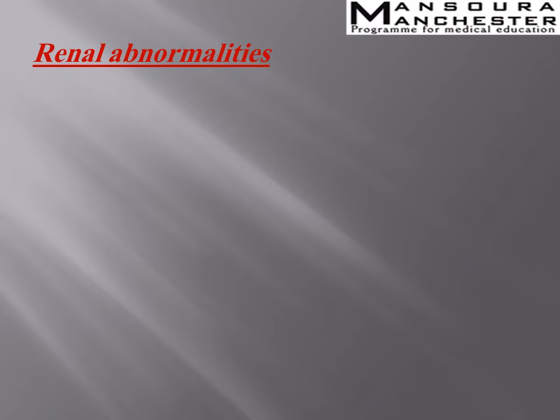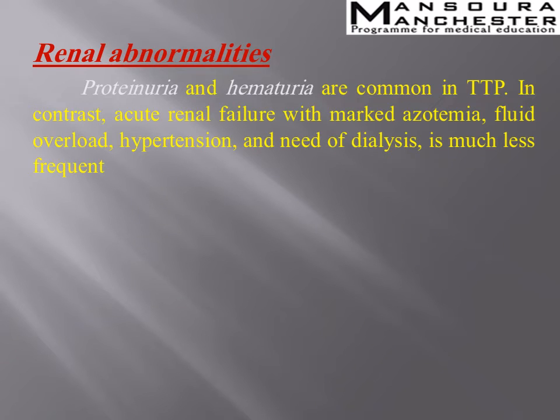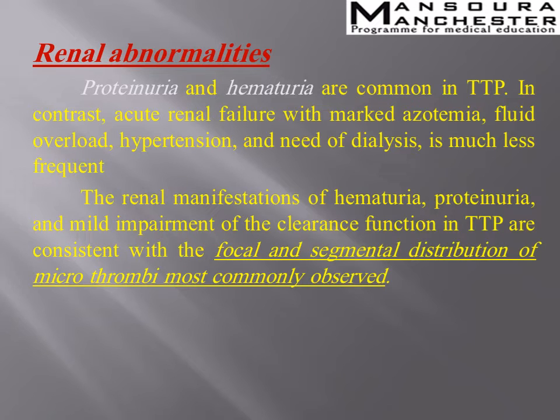Regarding renal abnormalities in patients with TTP, proteinuria and hematuria are common in TTP. In contrast, acute renal failure with marked azotemia, fluid overload, hypertension, and need for dialysis is much less frequent. The renal manifestations of hematuria, proteinuria, and mild impairment of the clearance function in TTP are consistent with focal and segmental distribution of microthrombi most commonly observed.